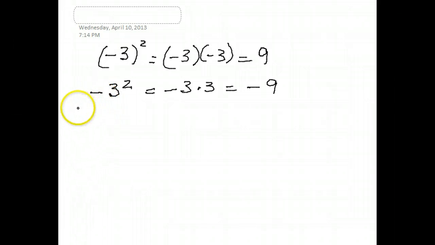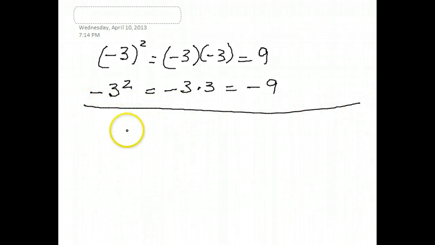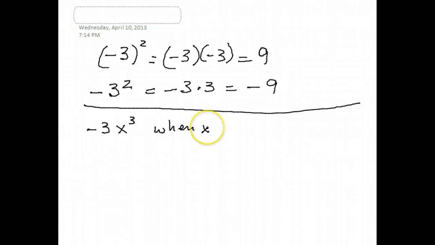So let's look at an example where we have to do some calculation. So I'm going to do an evaluation here. Minus 3 times x to the third power when x is equal to 2 and when x is equal to minus 2, negative 2. So let's see what answers we get. All right, so I'm just going to replace x by 2 first.